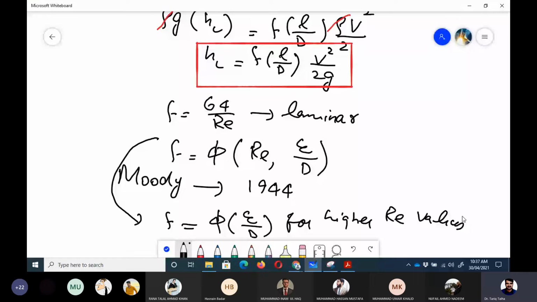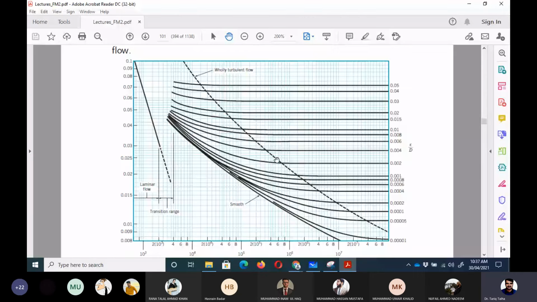How much higher depends upon the particular surface roughness value. For instance, if we are talking about a relative roughness of 0.06, then after around 10,000 there is no change in the friction factor value. So for relative roughness of 0.06, 10,000 is the value of that high Reynolds number.